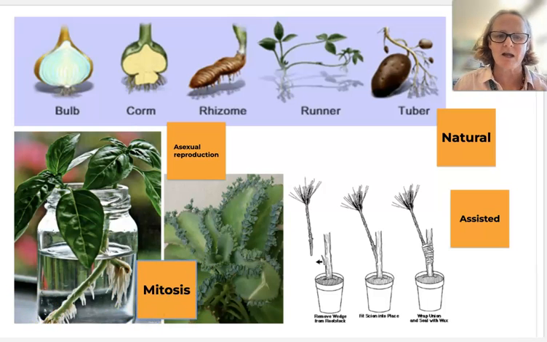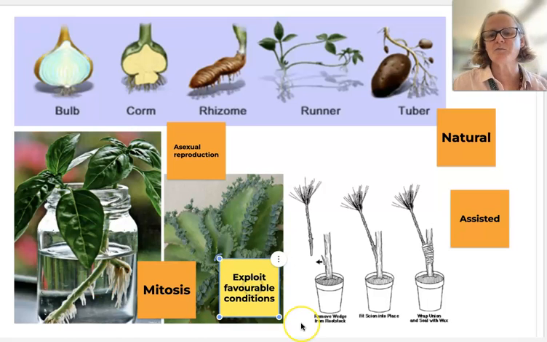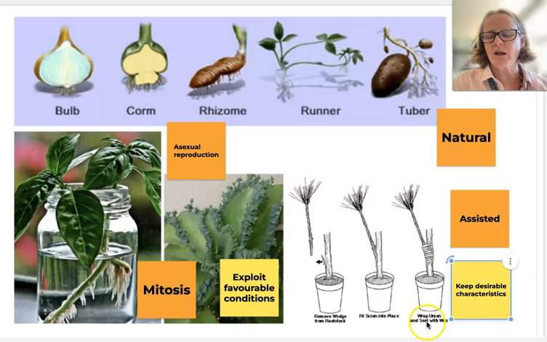And this is going to be great. In natural conditions, a plant might exploit favorable conditions by undergoing mitosis and doing some asexual reproduction to make lots of similar, identical actually, offspring, to make the best of a really good growing situation. But also in terms of agriculture, it allows a farmer or a propagator to keep desirable characteristics.